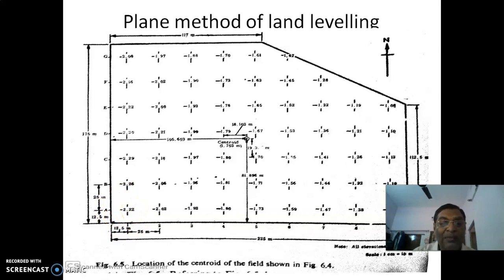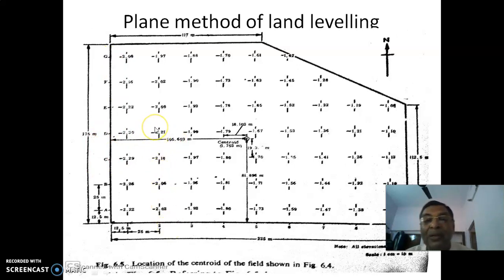So we have selected two reference lines. This is one reference line along the x direction, and this is another reference line. The lines in this direction are numbered 1, 2, 3, 4, 5, 6, 7, 8, 9, and in the y direction A, B, C, D, E, F, G. So for a particular point, we call it D and 2, D2.